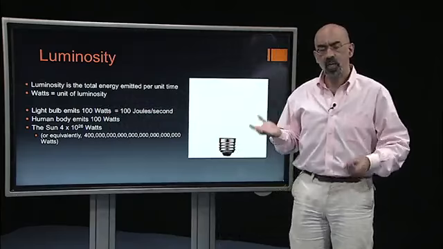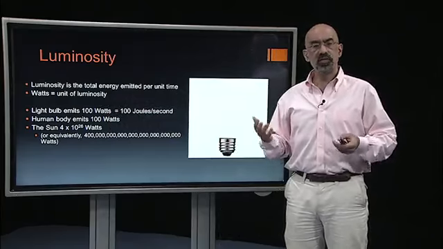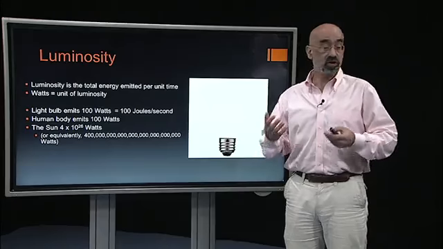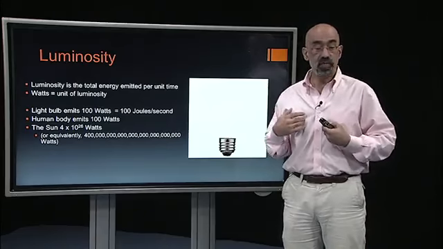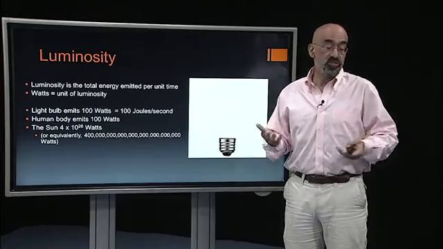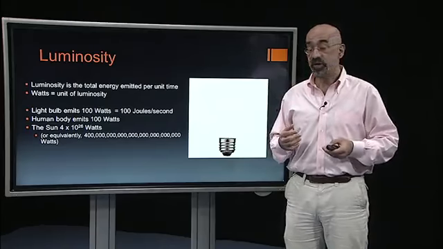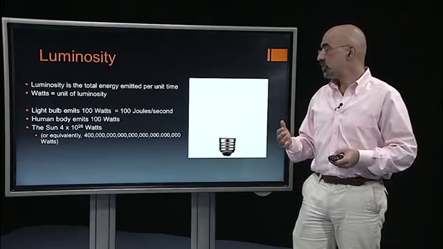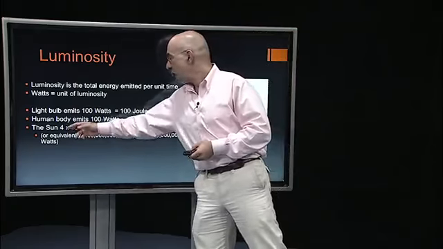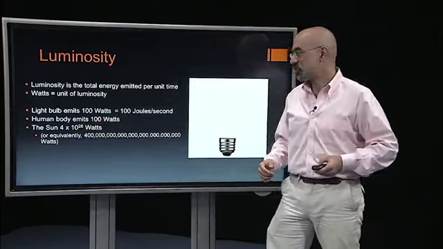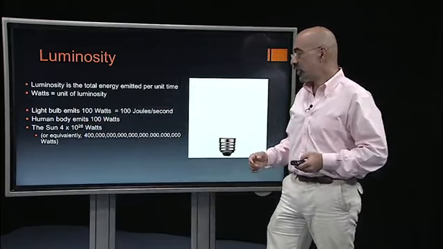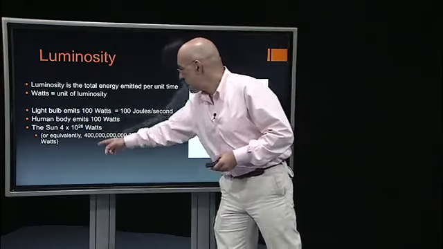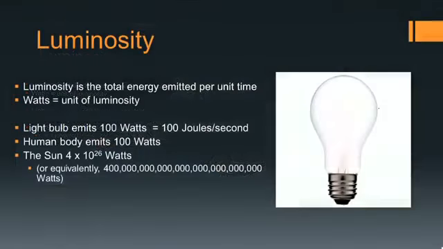So you can think about watts as a unit where things that you encounter in daily life, your computer, light, your own body, are emitting tens or hundreds of watts of energy. The sun emits 4 times 10 to the 26 watts, or equivalently, if I don't want to use scientific notation, 400 followed by another 24 zeros, watts.